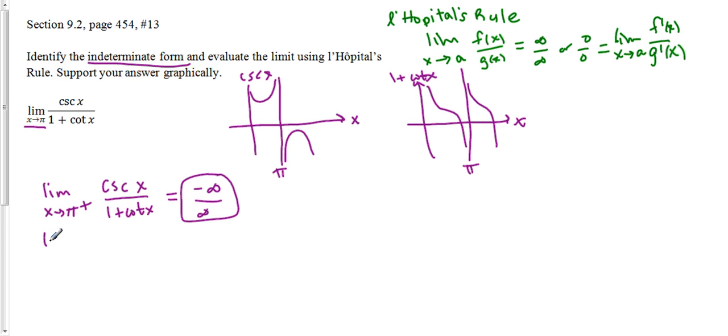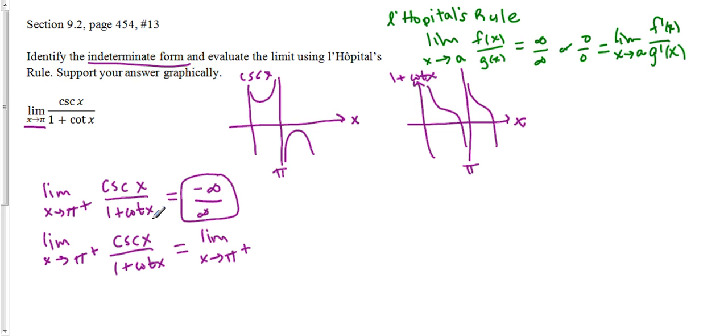So now I can apply L'Hopital's rule. My limit as x goes to pi from the positive direction of cosecant x over 1 plus cotangent x is going to be equal to, again, the limit as x goes to pi from the positive direction. I'm going to take the derivative of the numerator and put it into the numerator.